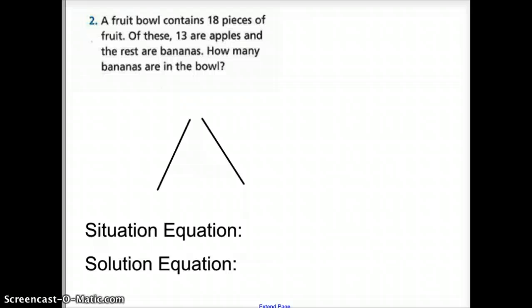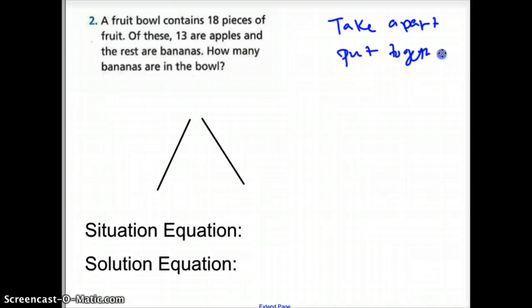Let's look at the next problem. We need to decide if this is a take apart, put together, or no action. Remember that a no action problem means the problem describes the total and both addends. So a fruit bowl contains 18 pieces of fruit. Of these, 13 are apples and the rest are bananas. How many bananas are in the bowl?